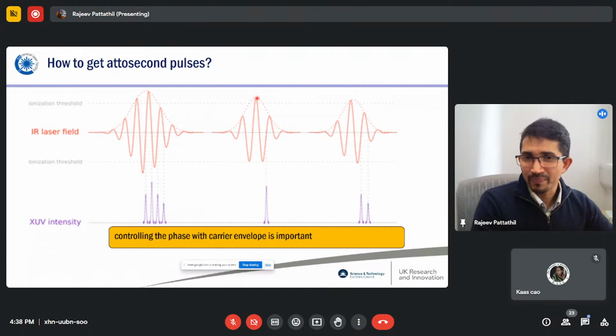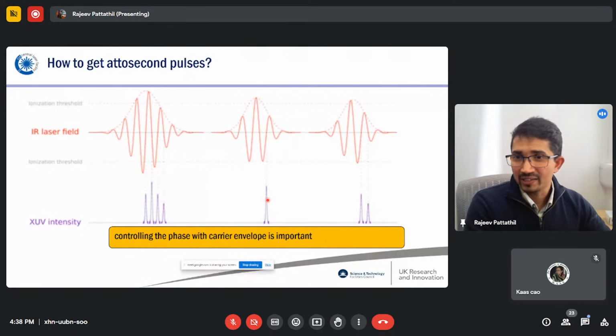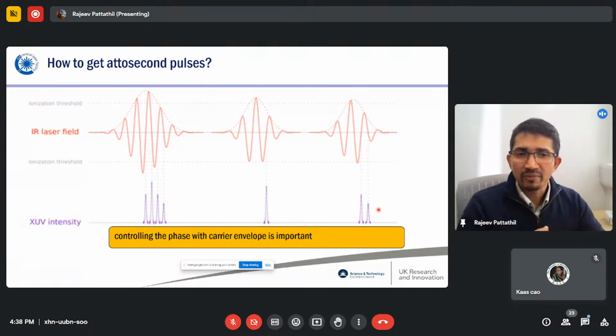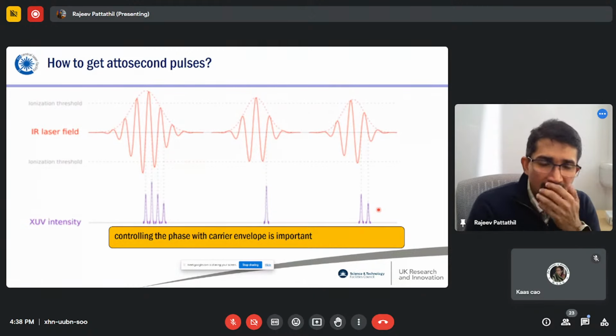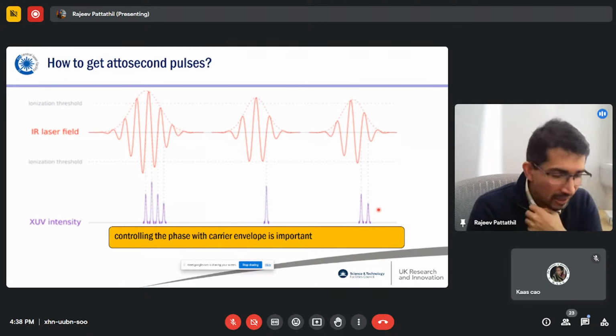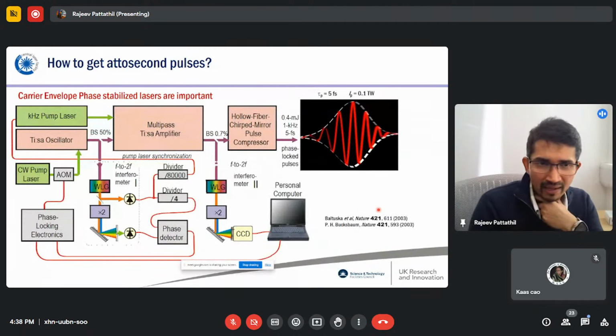If it is slightly off-centered, then you will not get a single attosecond pulse; you can actually split them into two. So it was important to get to a technology that will allow you to create phase-stabilized lasers as well. This was developed in parallel in the late 1990s.